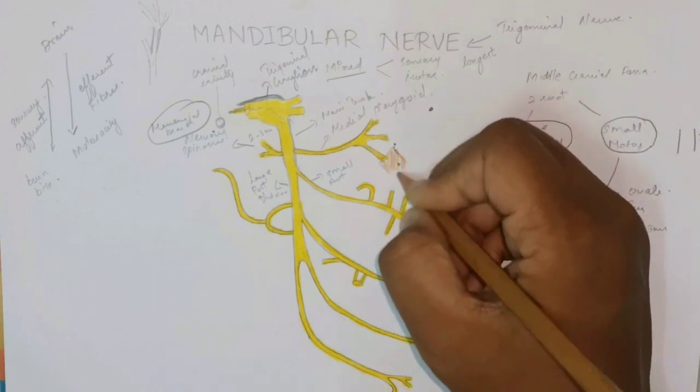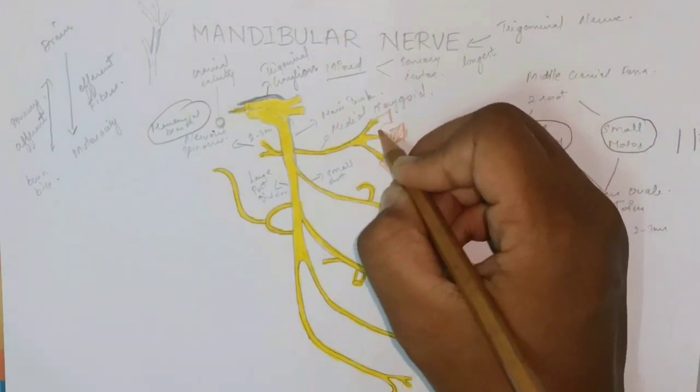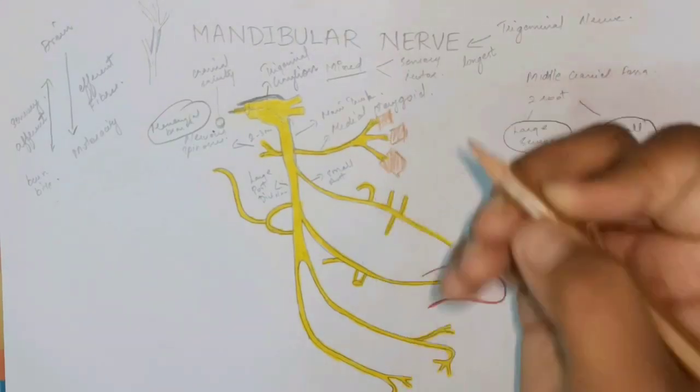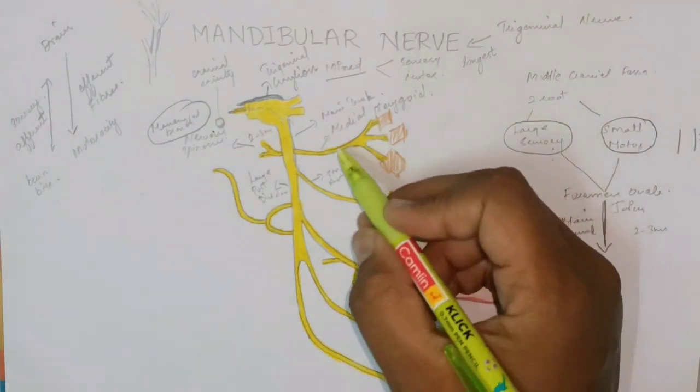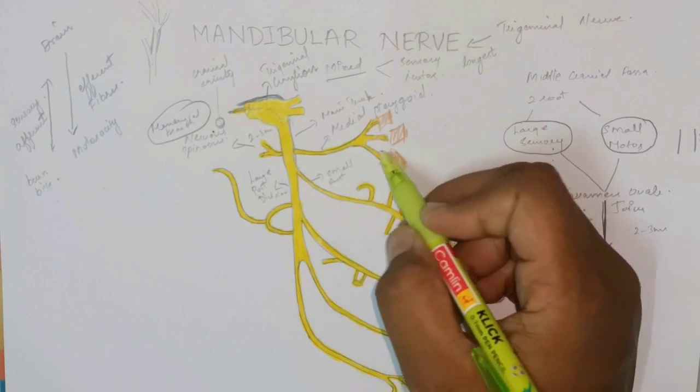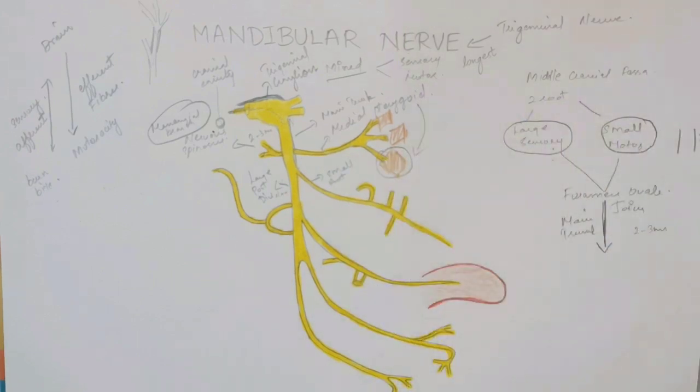Here is your medial pterygoid muscle, this is your tensor palati, and this is your tensor tympani muscle. The nerve to medial pterygoid supplies the medial pterygoid muscle, and the minor branches also supply the tensor tympani and tensor palatini muscle. When we deal with this, the medial pterygoid is very important.